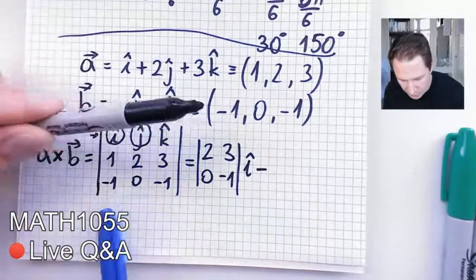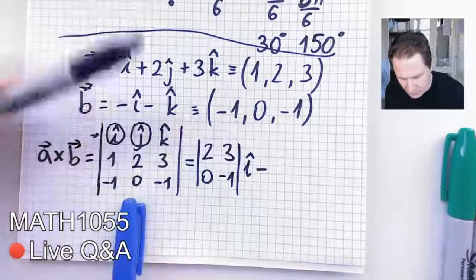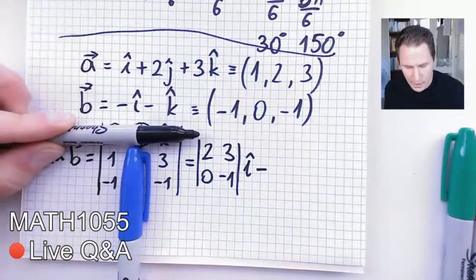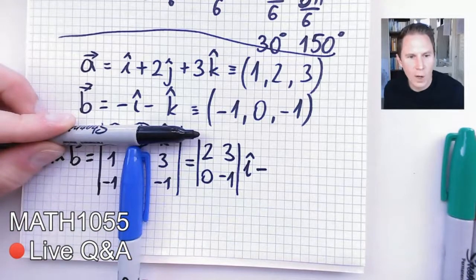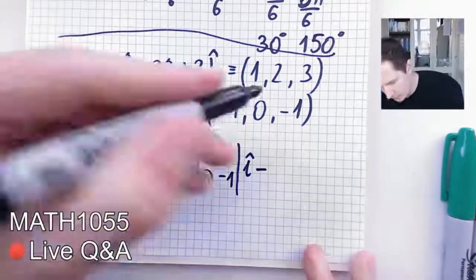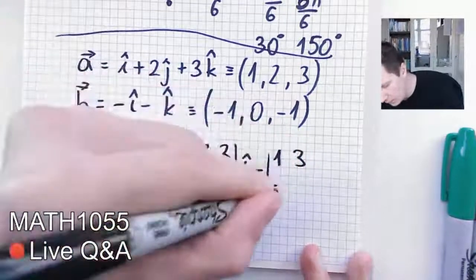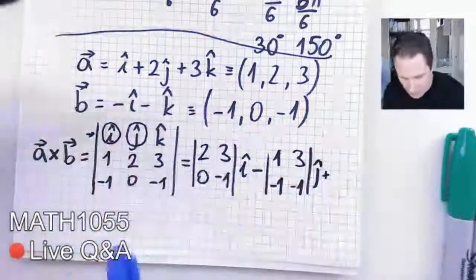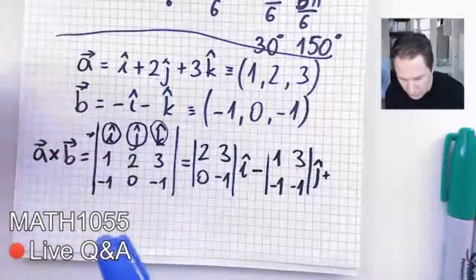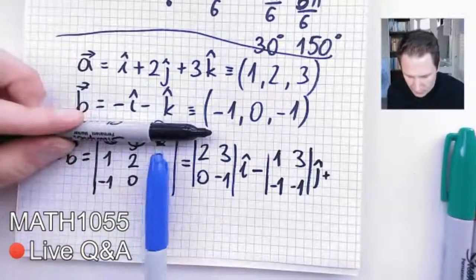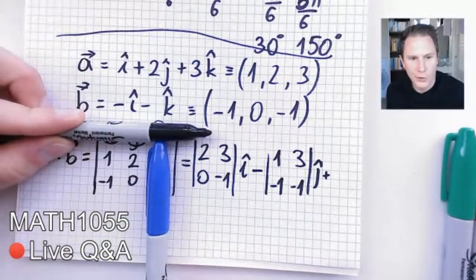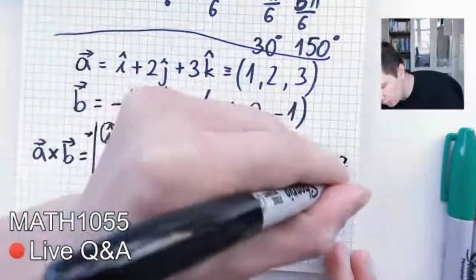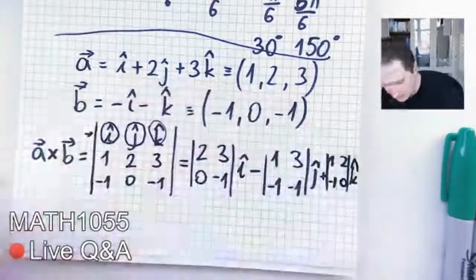If we cover up the first row and the second column, the row and the column of j hat, we are left with this 2x2 determinant consisting of 1, 3, -1, and -1, times j hat. And finally, with plus, we have the coefficient of k hat, covering the row and the column of k hat. We get 1, 2, -1, and 0, for k hat.